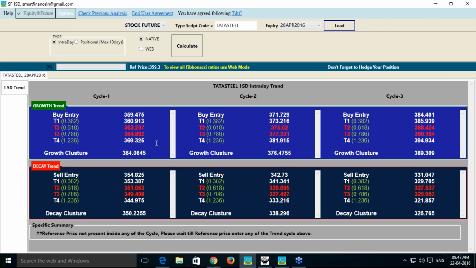And once I am entering here, I must hedge my position, at least with the 350 put option if it is available. So if I am long, I should hedge it with the 350 put option. If I am short, meaning selling here, I can think of the 360 call option. Any strike which is available, I can do it.